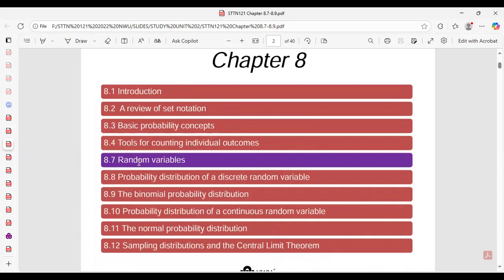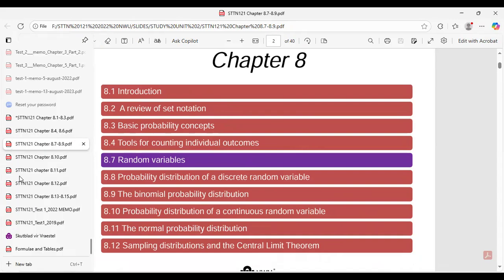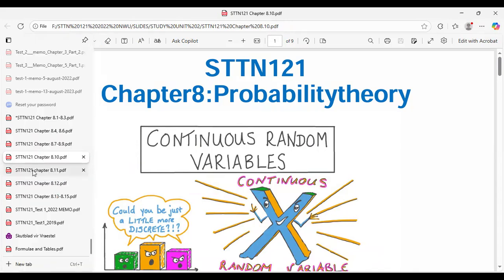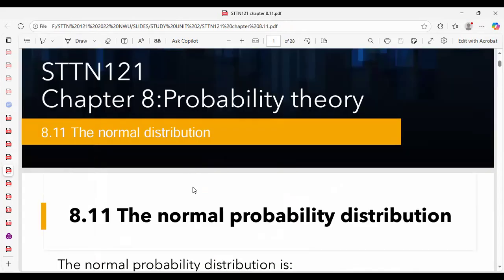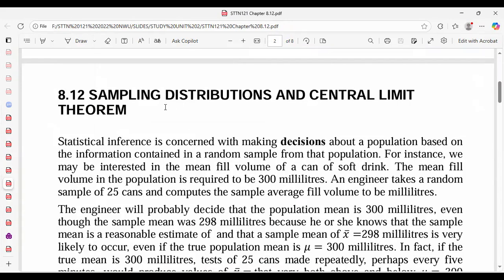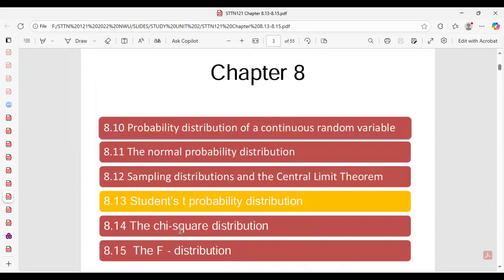Then the continuous random variables and the normal probability distribution, then the sampling distribution. The other one is the chi-square and the F table. So I believe that covers your test one.